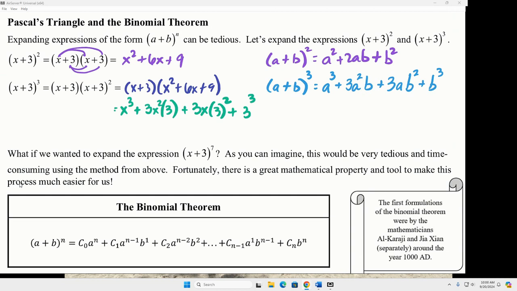I don't know, maybe this isn't easier this way for cubing. All right, so to get the final answer, I need to multiply these together and get 9x squared. And then I'll multiply 3 times that. And then 3 cubed is 27.